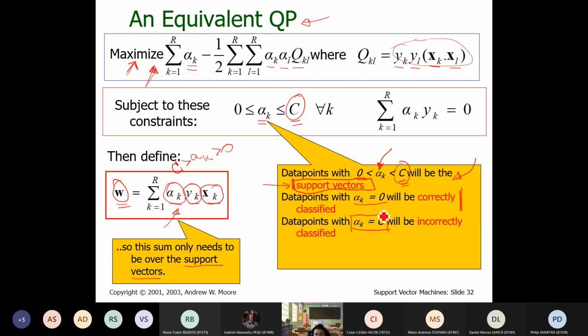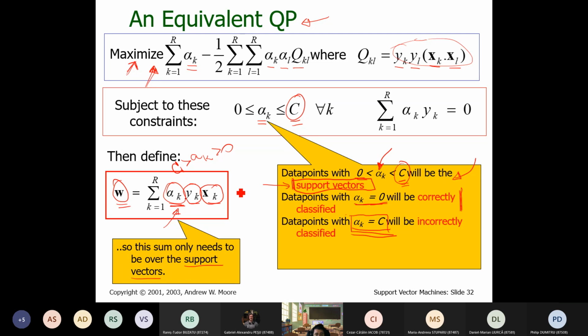The points with alpha k equal to 0 will not have any influence, because alpha k equal to 0 means that this product will be 0, so it will not influence the classifier in any way. But we will also ignore the points having alpha k equal to C, because we know that those points are the ones that are incorrectly classified.